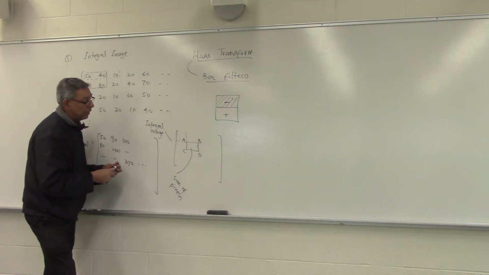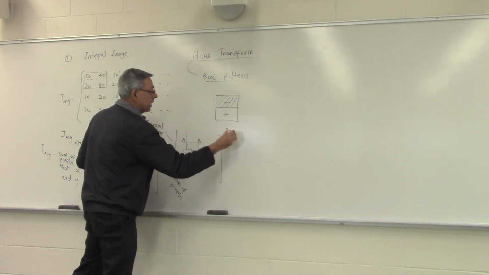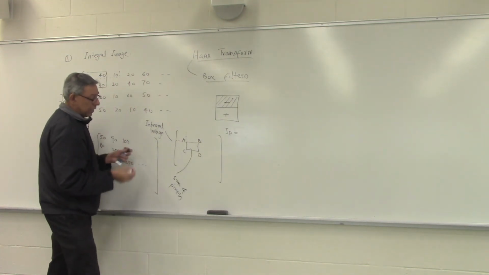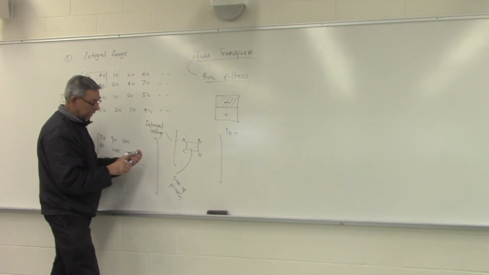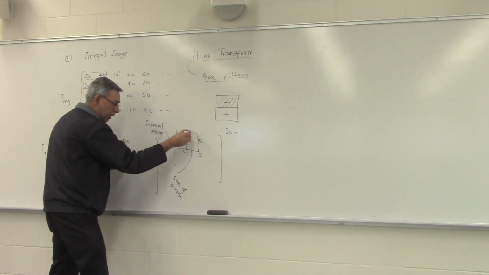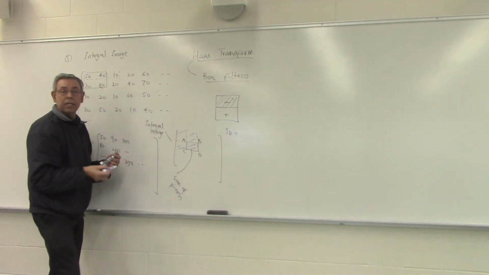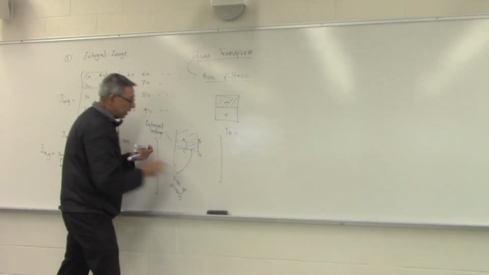So how will we compute it? If I take a look at the value I of D, what will that contain? Won't that contain all of this blue region over here? Correct? All of this blue will be I of D. Do you agree?